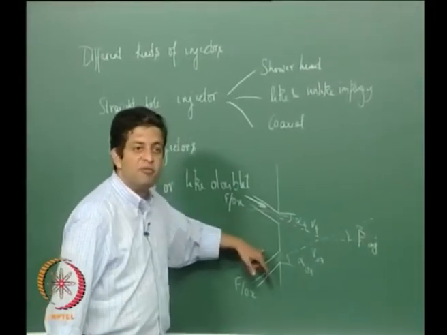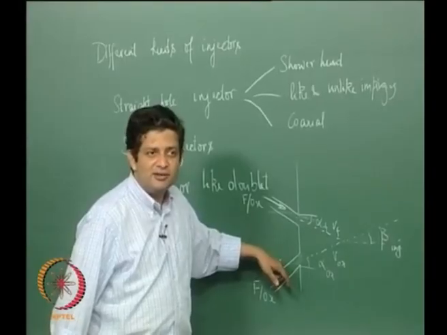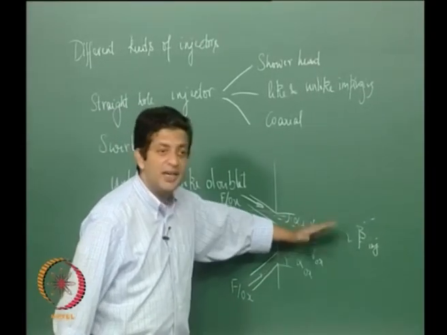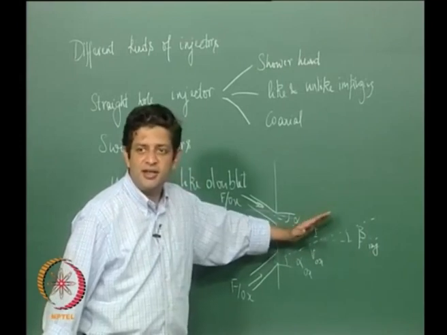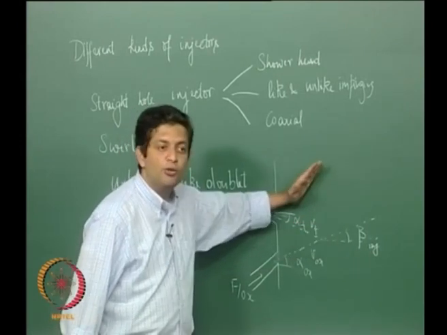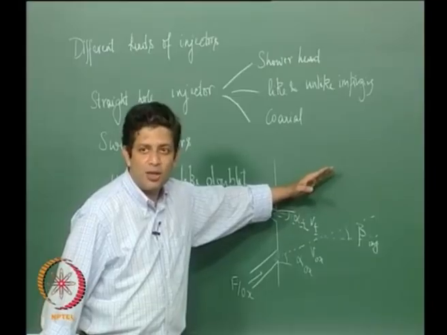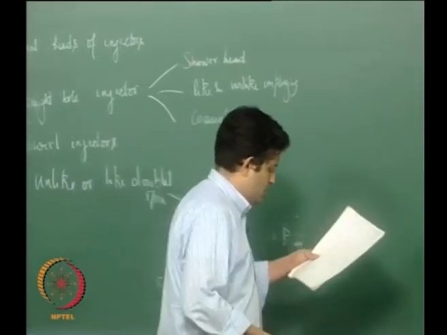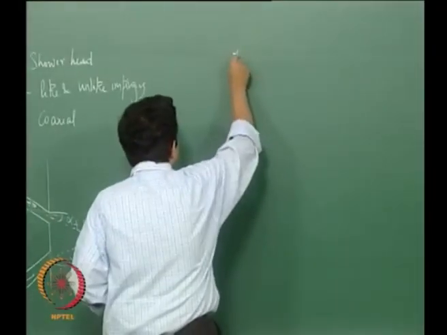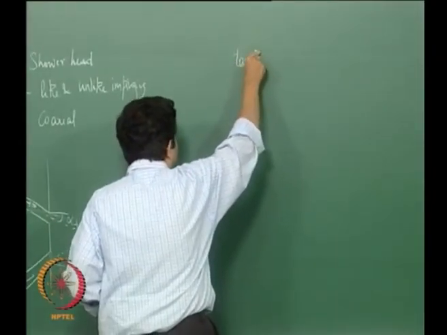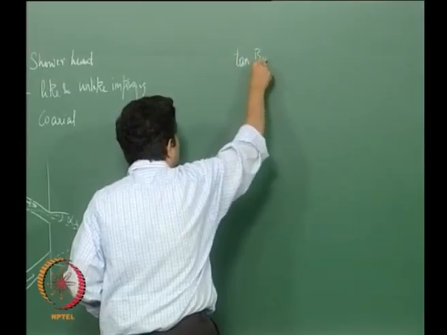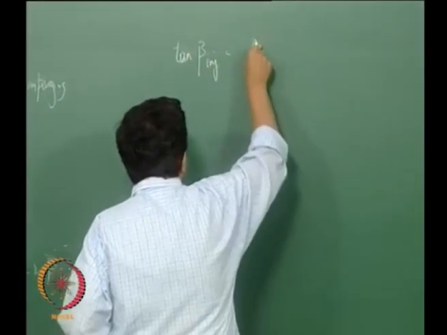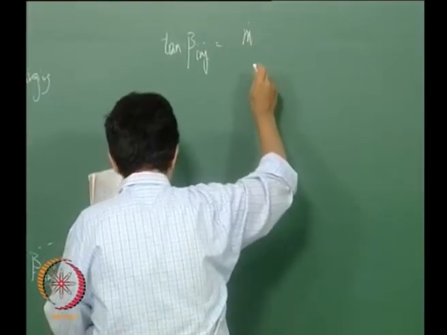We can show that if there is any problem with one of the jets, we are going to have a change in the direction of the resultant jet, and sometimes it might go and impinge against the wall, the hot gases. So we would not want that. So if we calculate the tan of the angle beta injector, this can be expressed as, this is from purely momentum balance.